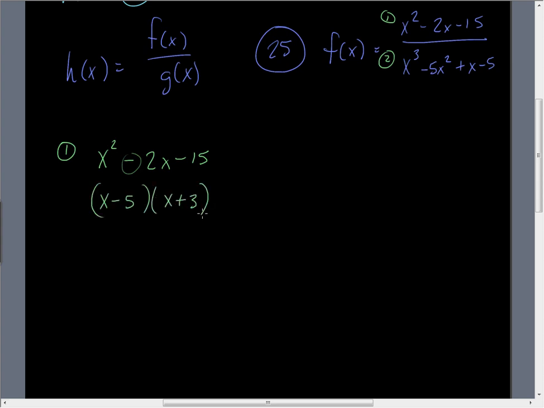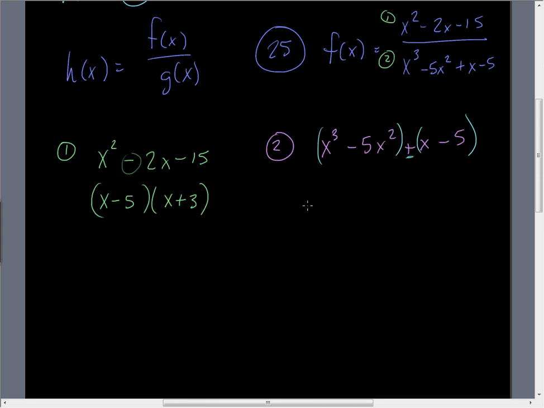All right, so now on to part 2. I get x cubed minus 5x squared plus x minus 5. I'm going to group these, and by that I mean I'm going to literally group them. Because this is a positive, I don't need to worry about changing signs. So I'm going to factor out an x squared from this side.